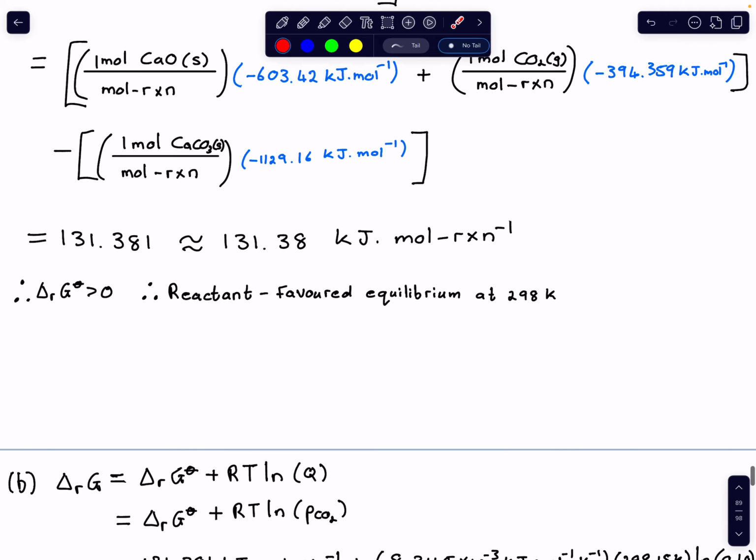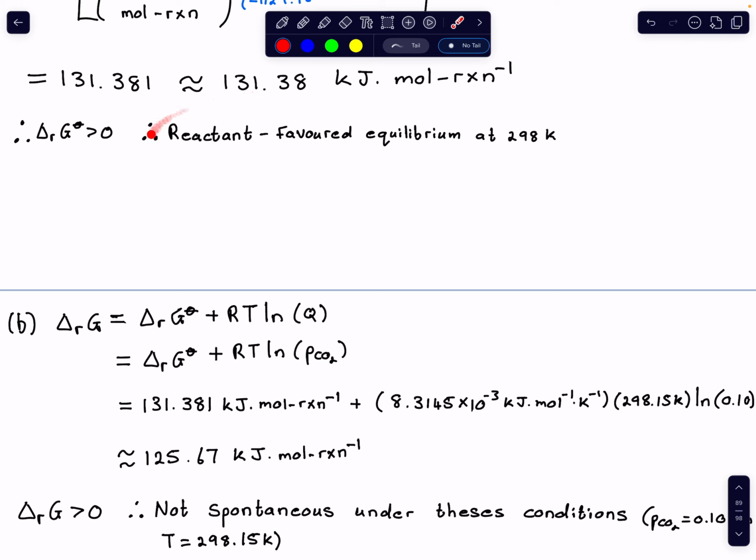And the reason for that is because this is such a reactant favored equilibrium under these standard conditions. So when you keep the temperature at that, it means that the reaction will only be spontaneous to form the reactant favored equilibrium if there is no product.